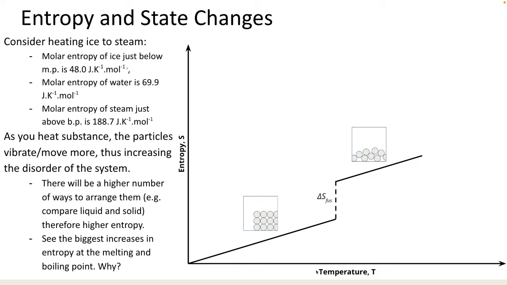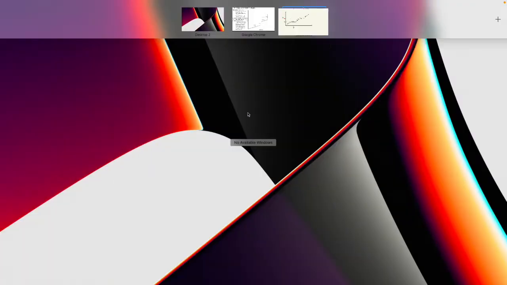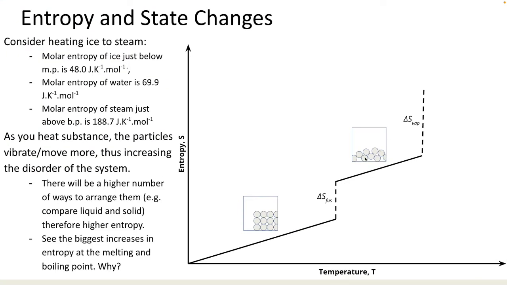As that liquid temperature increases, the kinetic energy of these particles increases, again more ways to arrange them, more entropy. We observe a very similar thing at our boiling point, where the temperature stays constant, but now we're going from the liquid, breaking those bonds, to the gaseous phase, where there are even more microstates because the particles are not bound to each other at all. They're moving with that high kinetic energy.